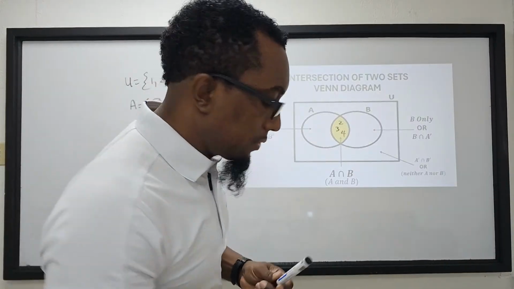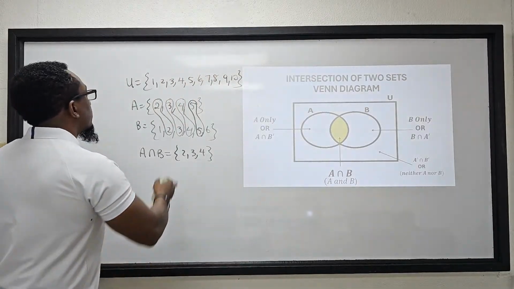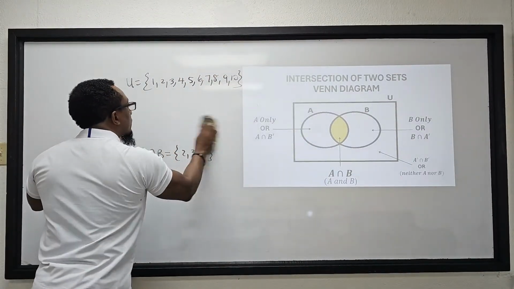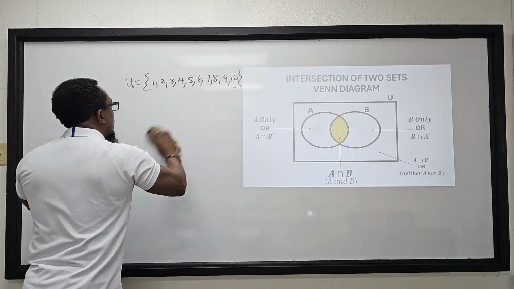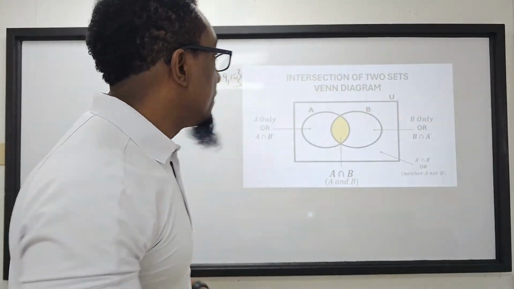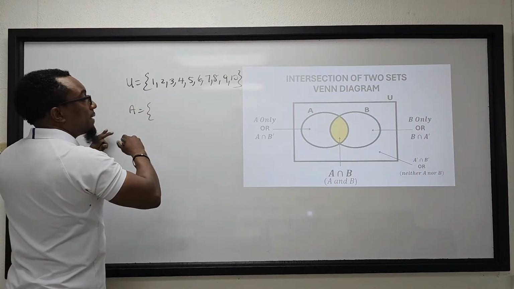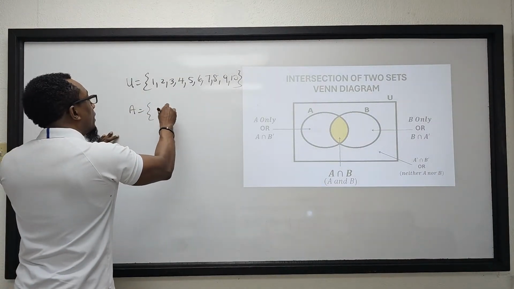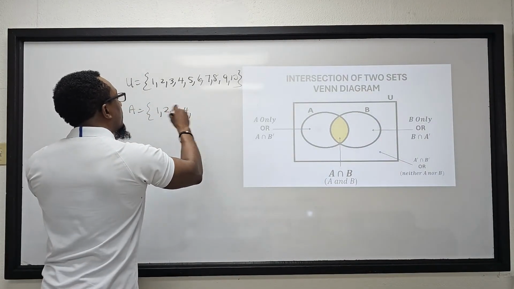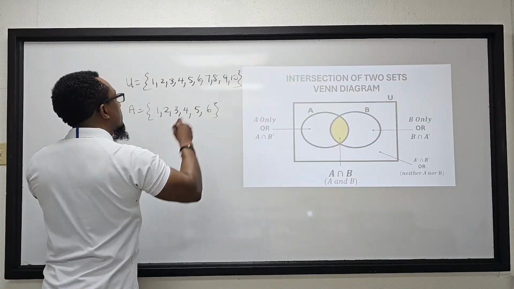So let me change this. We make some changes to this question. I realized 5 was also common, so let me make some changes. I have A, whose elements are 1, 2, 3, 4, 5, 6.